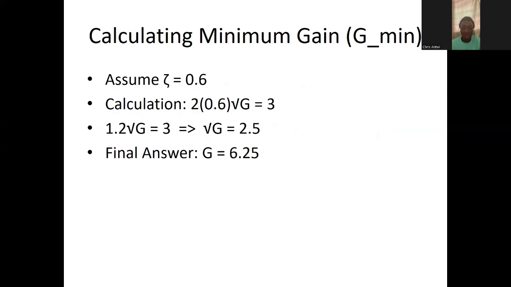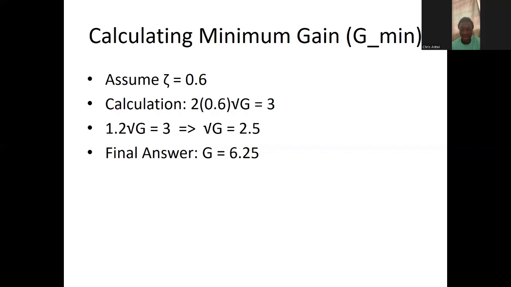Calculating our minimum gain, given the parameters, we have omega n as the root of G, and assuming that the damping ratio, zeta, is 0.6. Putting into the formula, we have 3 over 2 root G, which should be less than 0.6.